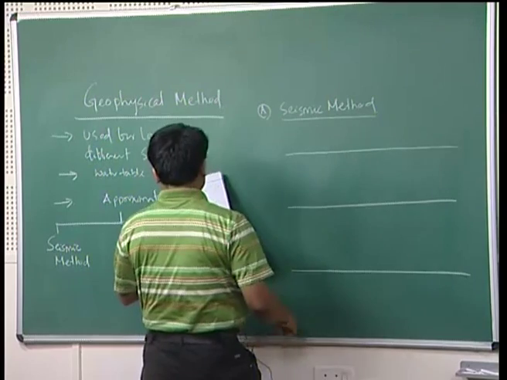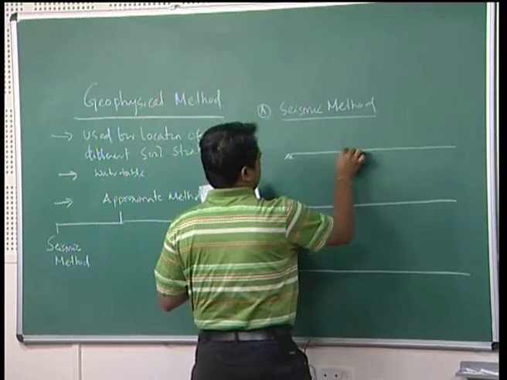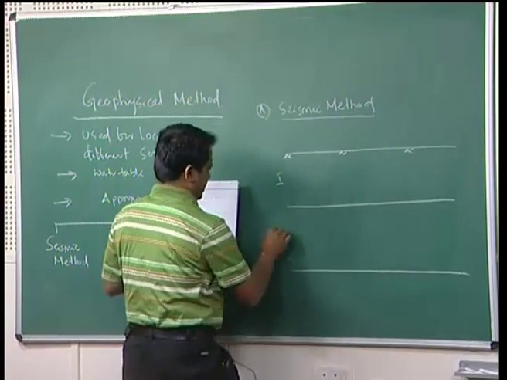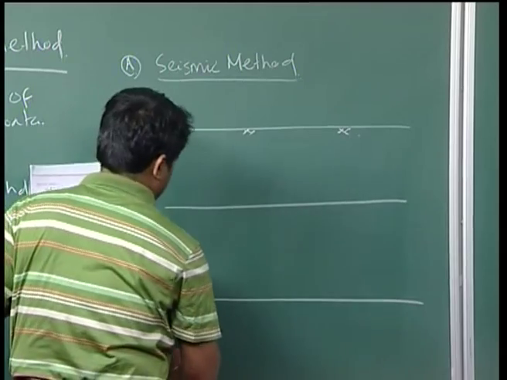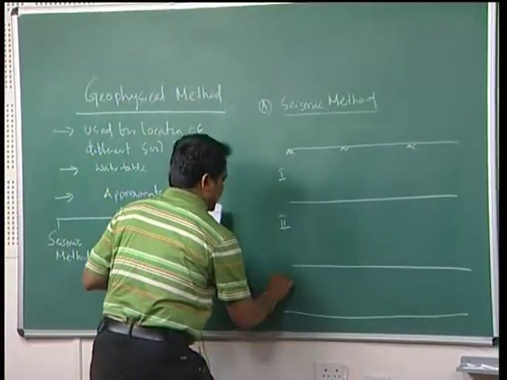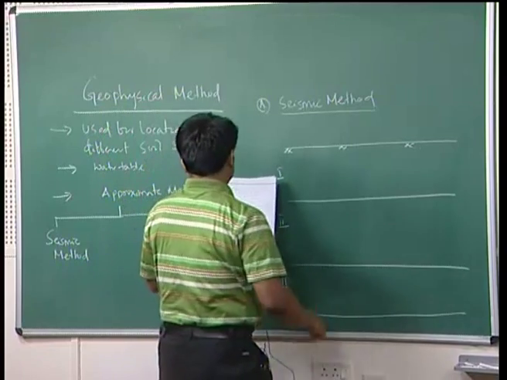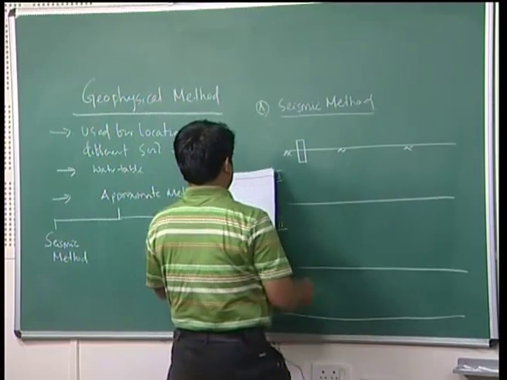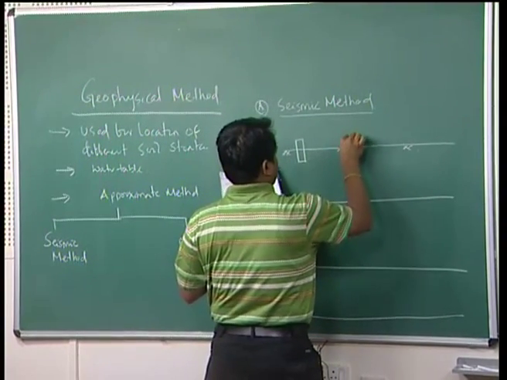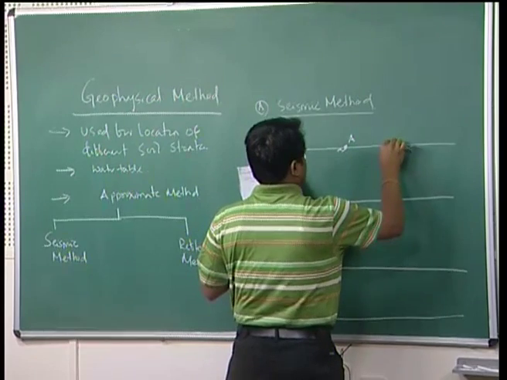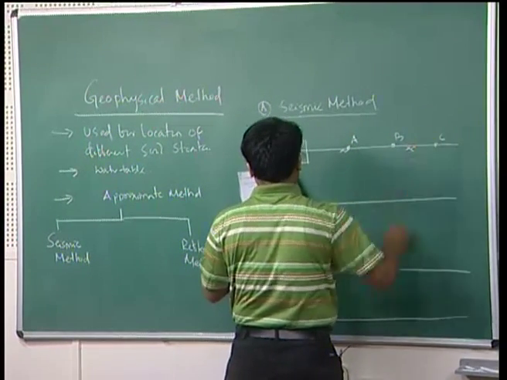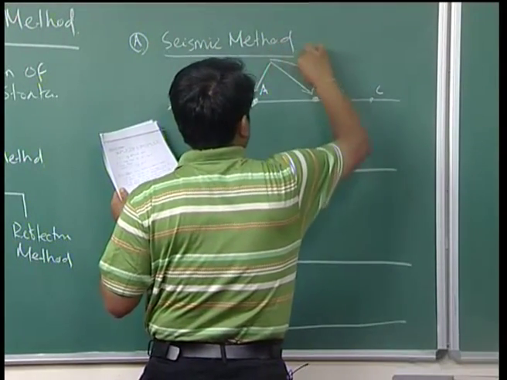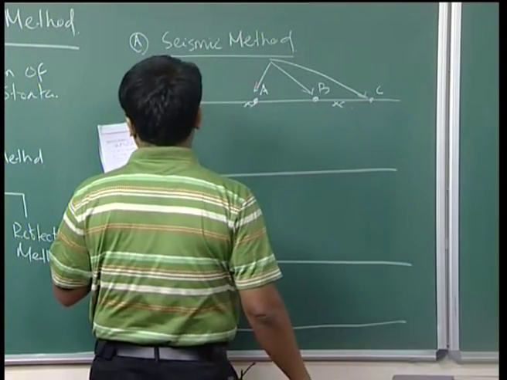Let us say 3 layers of soil, say layer 1, layer 2 and this is your say layer 3. A, B, C, where geophones are installed at regular interval in the ground surface.